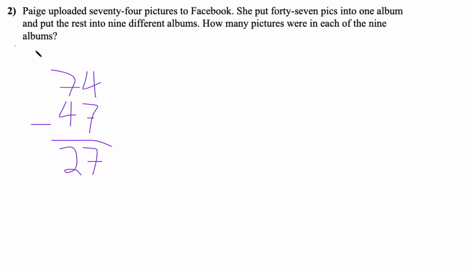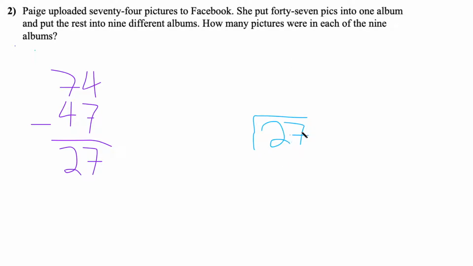So the second part of the problem is she wants to put the rest of her photos, so the rest of her 27 photos, into 9 different albums. And she wants to find out how many pictures she would put in each of the 9 albums. So we know we're going to need to use division on that.